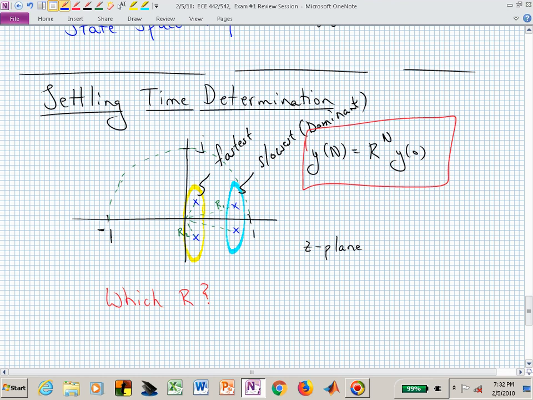So you use R sub 1, that's going to influence the dominant behavior. That's the one you have to focus on as the slow one in all of your dynamics. That will be the one that you pick capital N with.